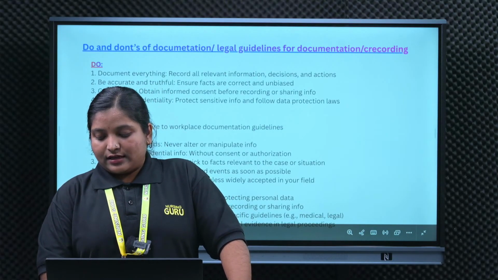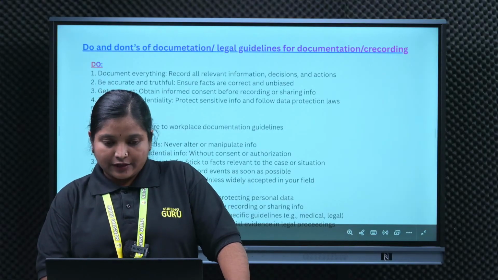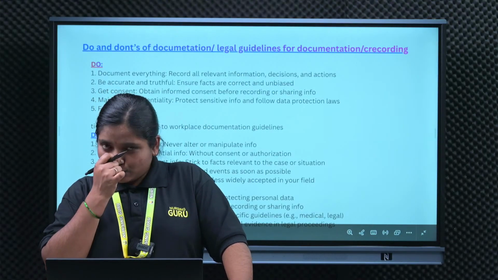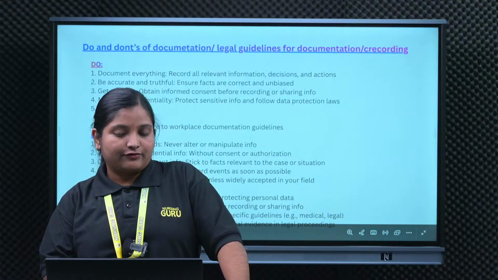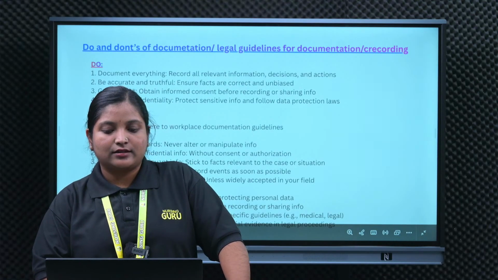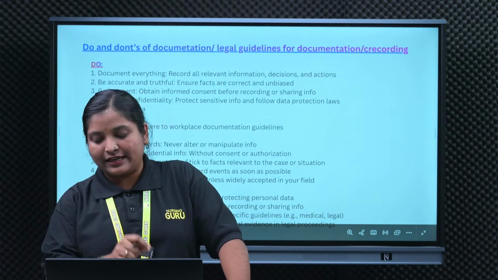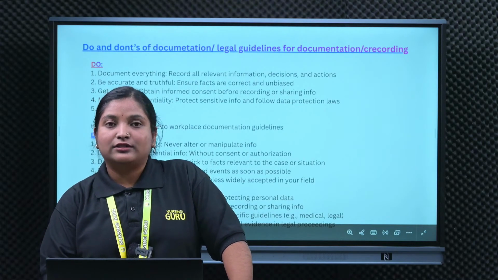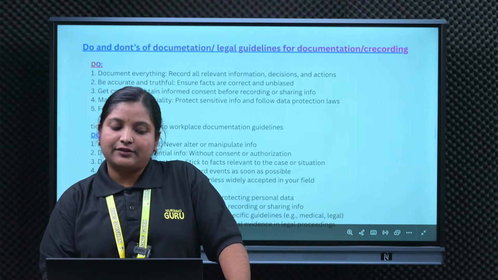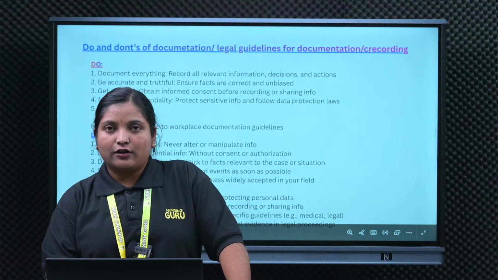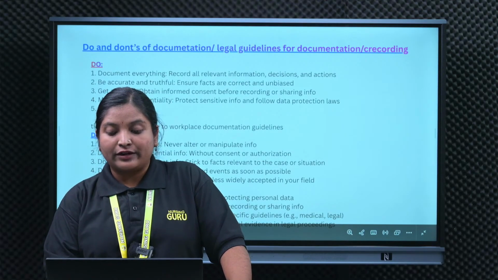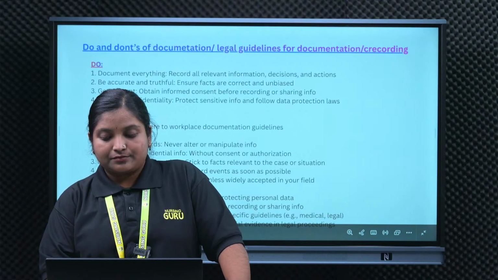The result will be near. Still a few papers are left maybe, so for that reason quite a delay is happening. But for sure, next week we will definitely get the result. They will not delay much more.